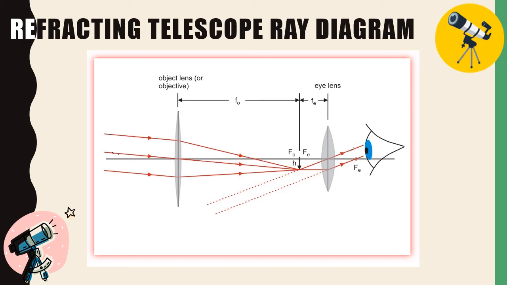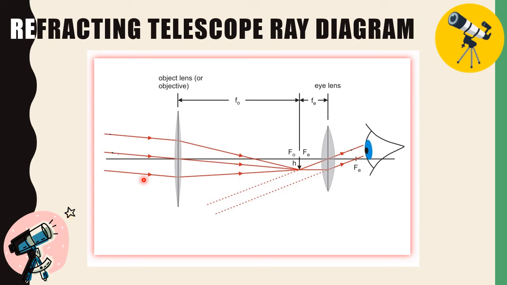A refracting telescope uses a combination of lenses to produce the image of a distant object, namely a star or a planet. So here these are the two lenses. One is the objective and the other is the eyepiece. Both are converging lenses.